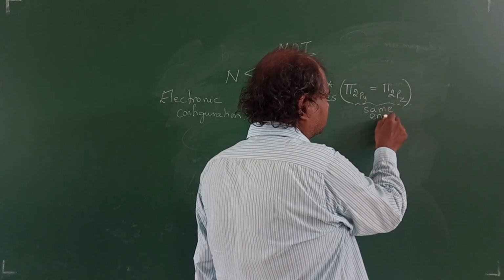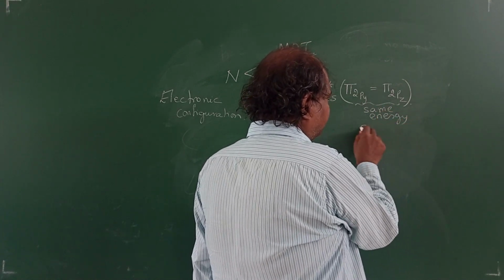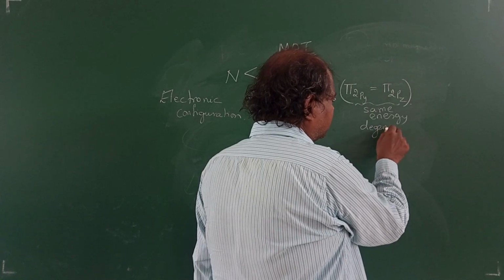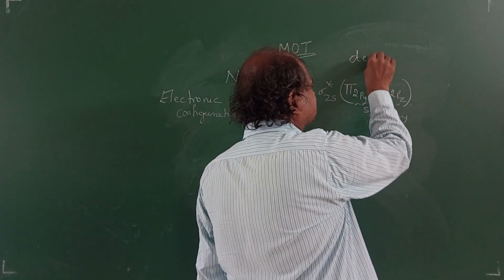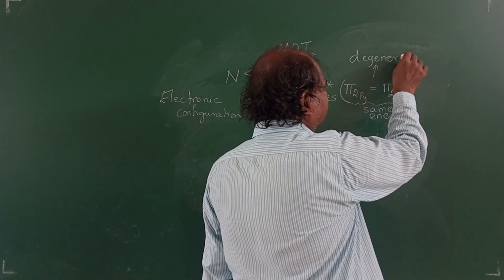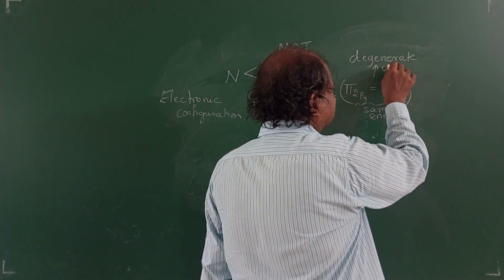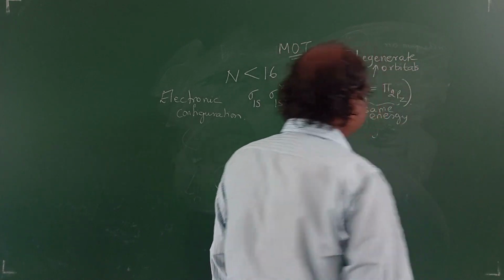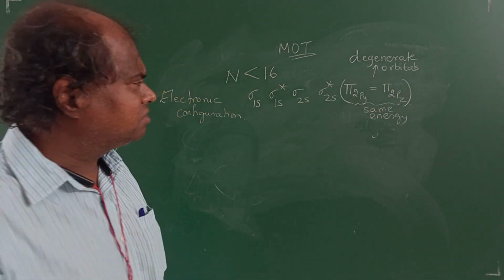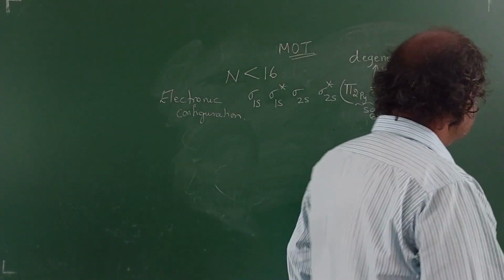That's why we're writing equal to. Having same energy is also called, there's one more name given to them. I'll write on the top here. It's called degenerate orbitals. So if two orbitals have the same energy, then it is called degenerate orbitals. So pi 2py is equal to pi 2pz.